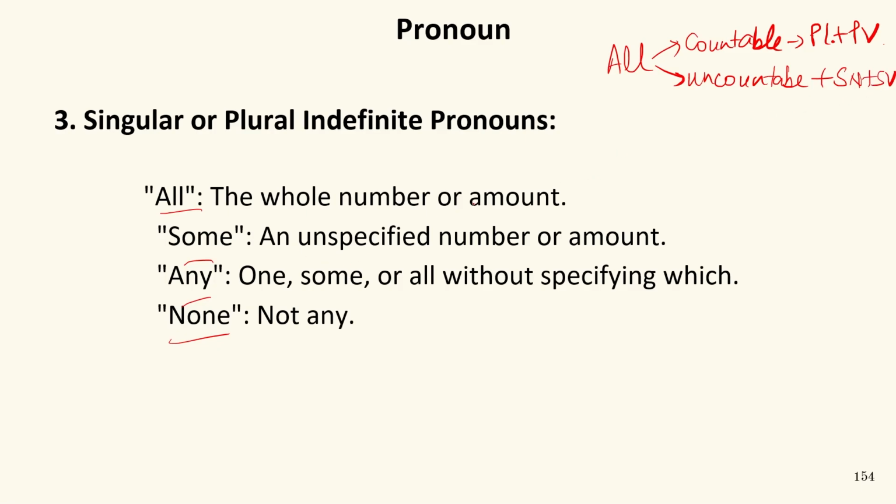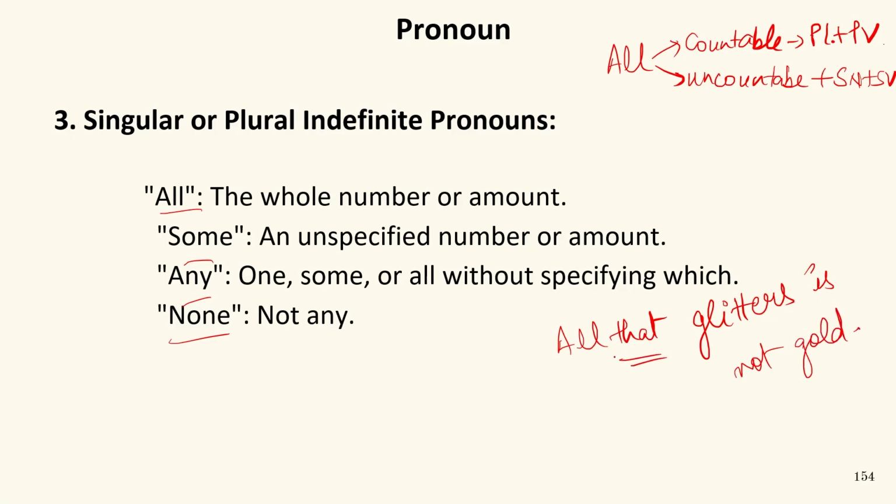For example, all that glitters is not gold. Now, glitters is a verb. All that, it is uncountable, and glitters is a singular form of verb.